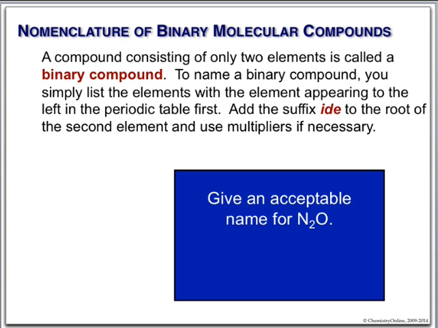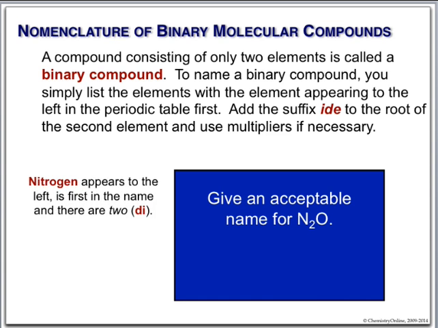Now we have 2 of our first element. Now you need a multiplier. We're still going to call it nitrogen. It's just we have to tell the world that there are 2 of them. So this simply is going to be dinitrogen. Now, we only have one of our second element, but the second element always gets a multiplier.